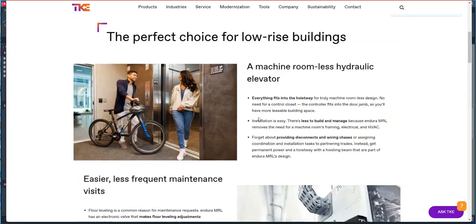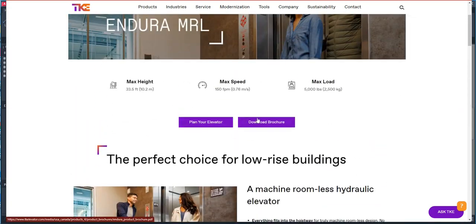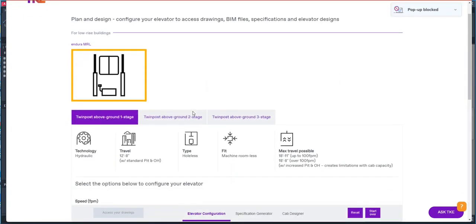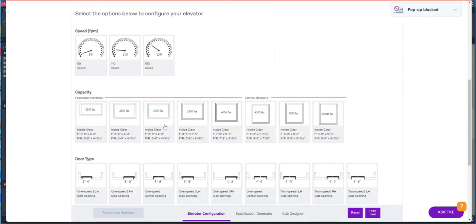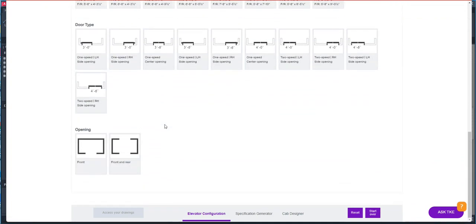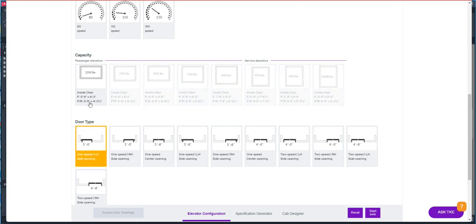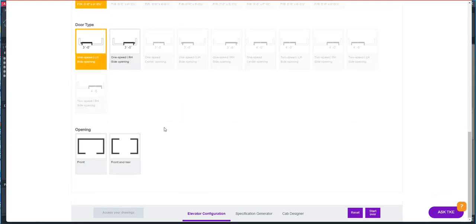In particular, you wanted a brochure, or let's say plan your elevator here, and it should give you the pit dimensions. So we wanted a size maybe like this and that one, and we want just a front.